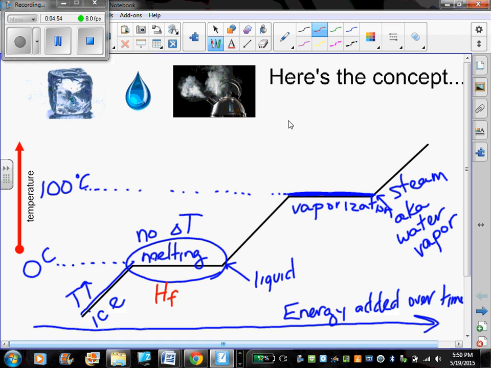This time, it's going to be called heat of vaporization, and we're going to talk about what heat of vaporization means. And again, what I'm really referring to when I talk about heat of vaporization or heat of fusion is the amount of energy that we put into the system during that phase change. And that's going to help us do a whole lot of calculations.